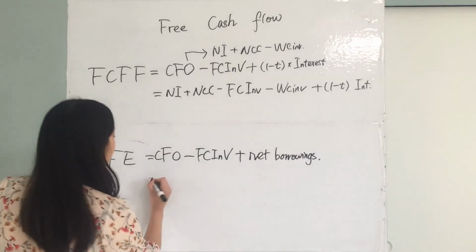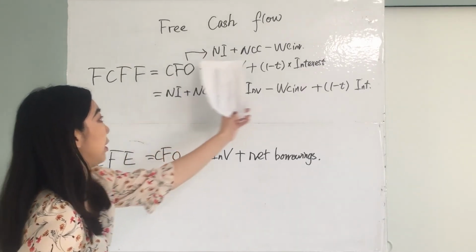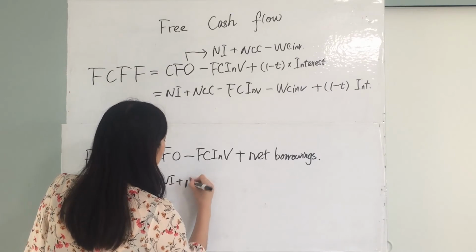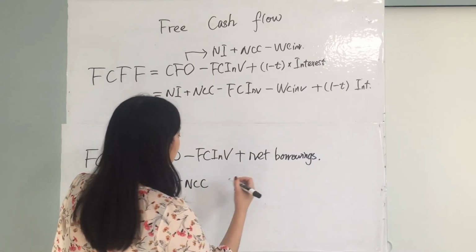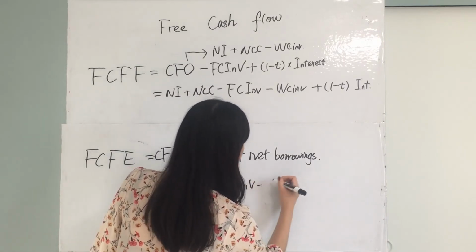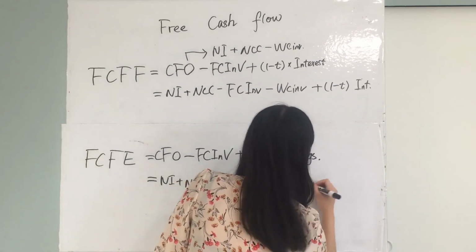And we can also rewrite it by changing the cash flow from operations like this formula. So it is the net income plus non-cash charges minus the capital expenditures minus the working capital investment and plus net borrowings.